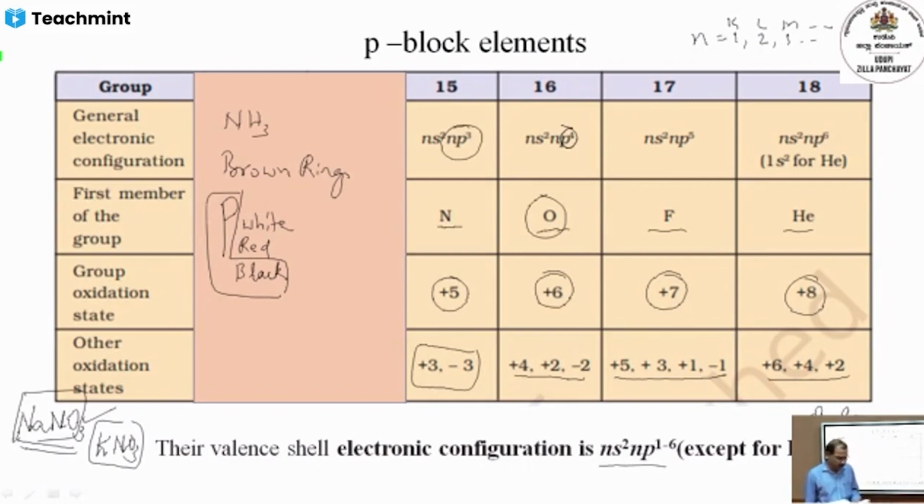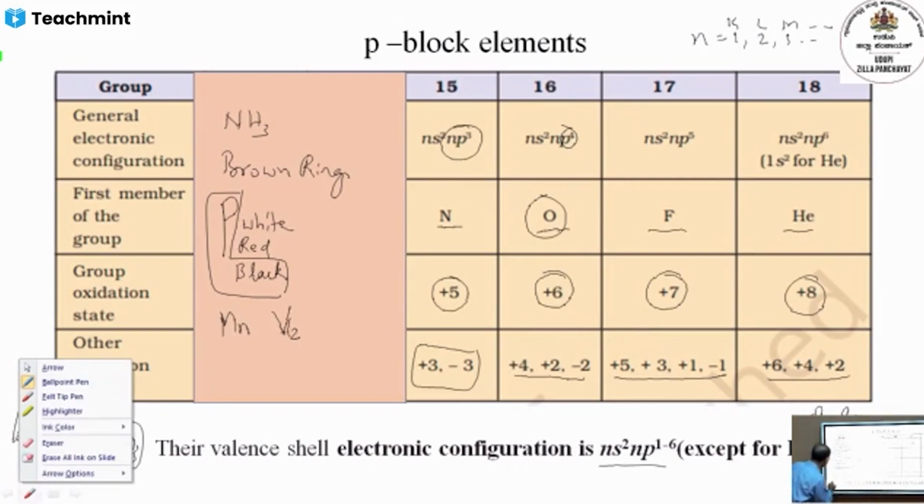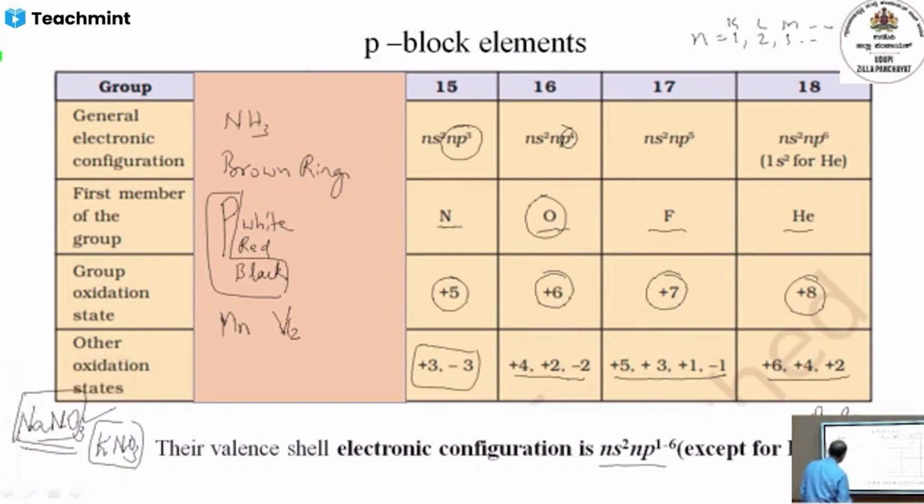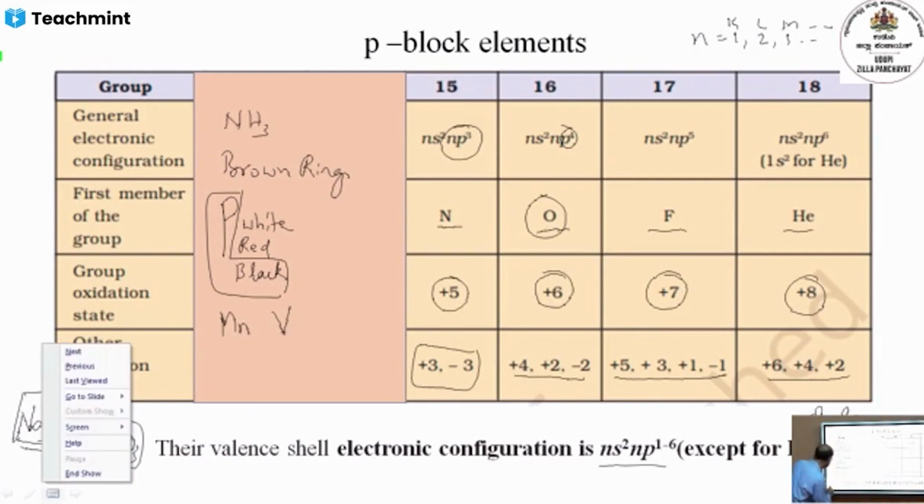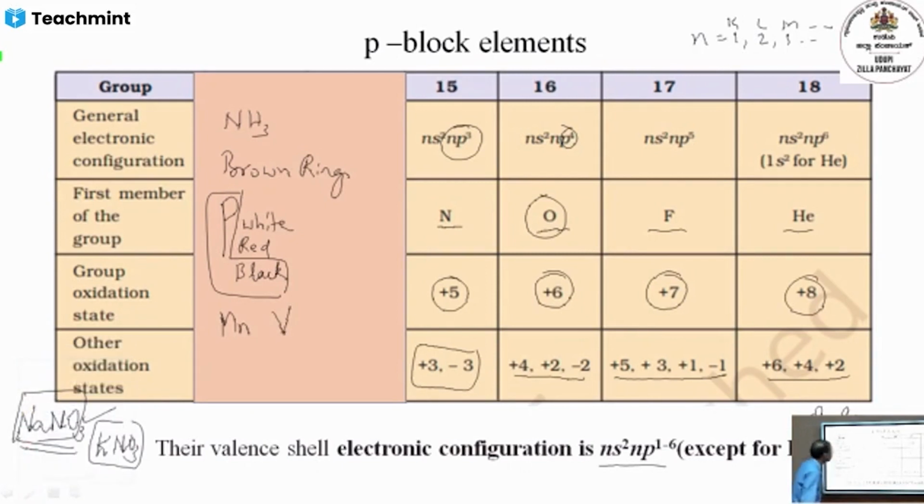Say, for example, we have oxides of manganese, vanadium, etc. Their oxides are acidic in nature, even though they are oxides of metals.